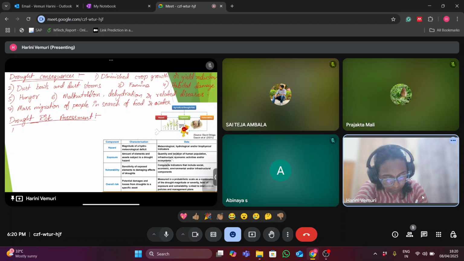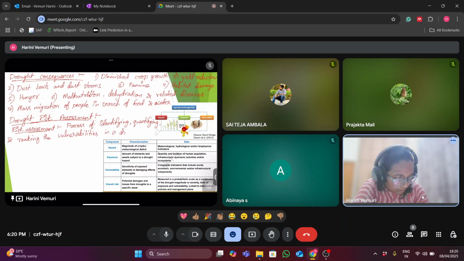So here, what does risk assessment mean? It is a process of identifying, quantifying, and ranking the vulnerabilities in a drought scenario.